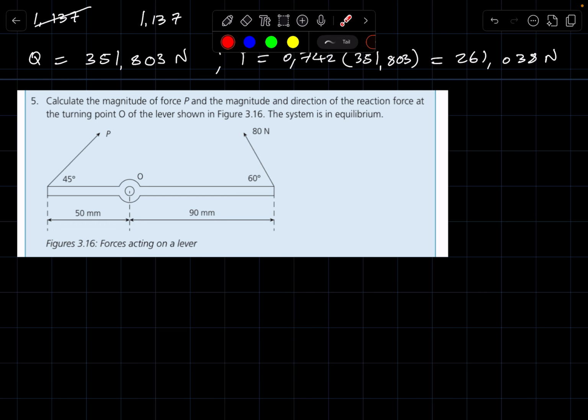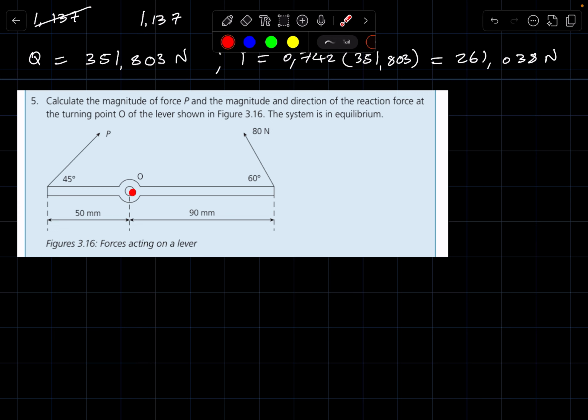Now, as to whether the components of this reaction force will be headed east or west in terms of the horizontal component, or south or north in terms of the vertical component, we have no idea at this point. The calculations, having applied conditions of equilibrium, will tell us the direction of the two components.